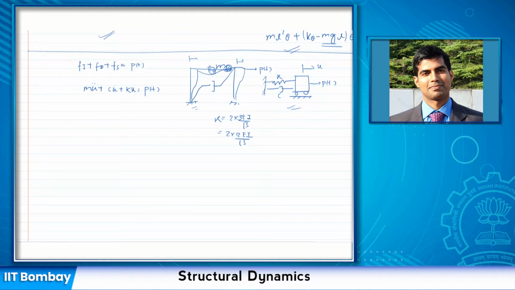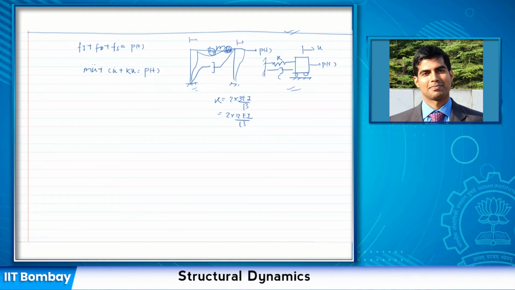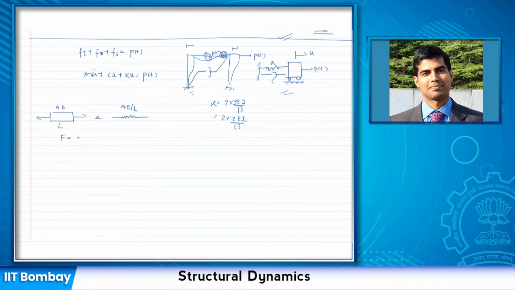You might have a combination of springs. For example, you might have a beam with area A, elastic modulus E and length L. If I consider the axial deformation of the beam, can I say that it can be represented with a spring with an axial stiffness AE by L? I'm just writing my force is equal to AE by L times delta.